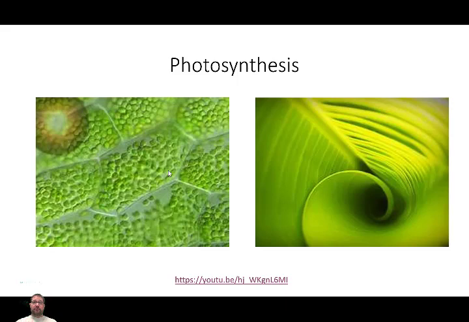But just realize that inside the chloroplast there is an antenna complex. An antenna, you can think of it as kind of like a dish that's trying to capture photons. And in that antenna complex are chlorophyll molecules. That's why we see that green.